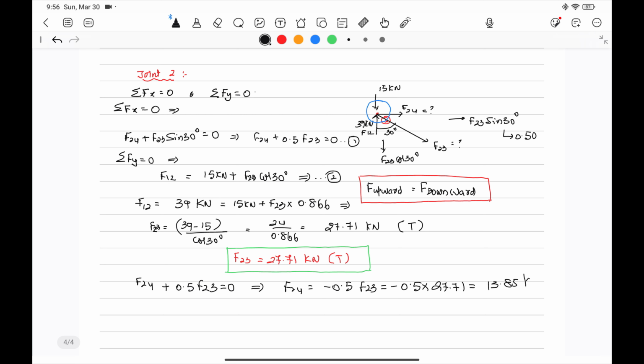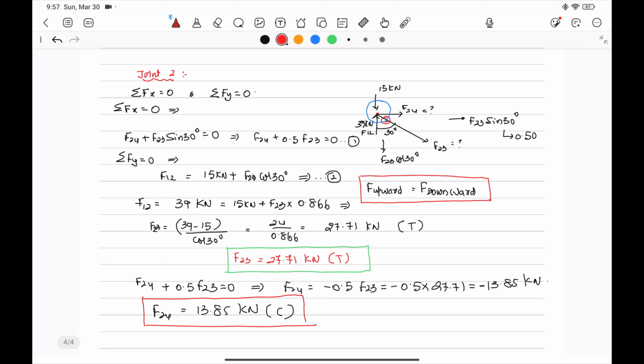We are taking only up to 2 digits. This is minus. That means F24 is equal to 13.85 kilonewtons in magnitude, and it is compression. It is towards the joint.